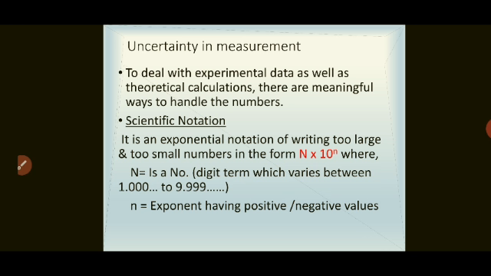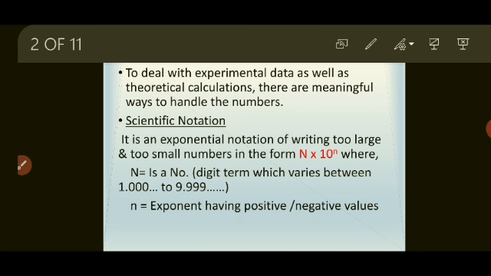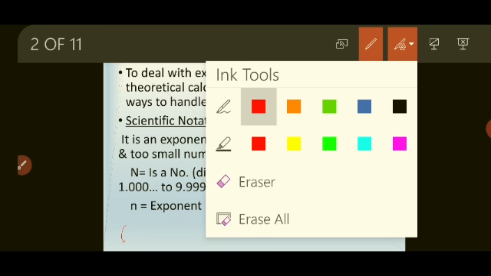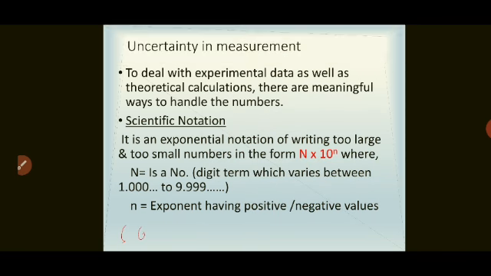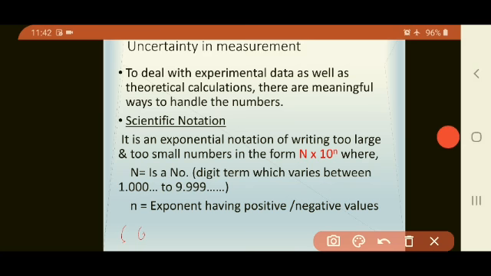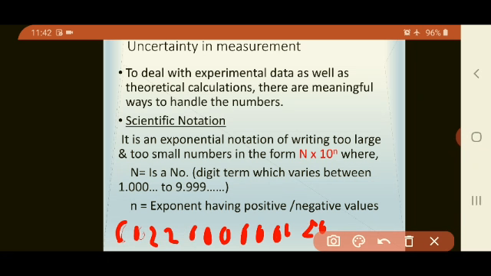For example, for 2 gram of hydrogen gas, the number is 6022, and then 20 zeros on that number. Total 20 zeros.